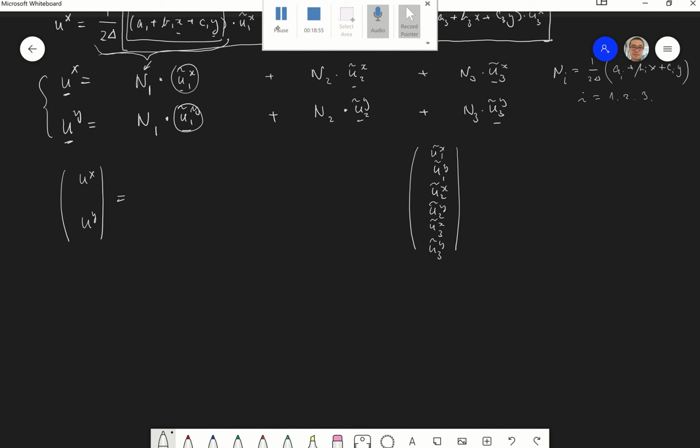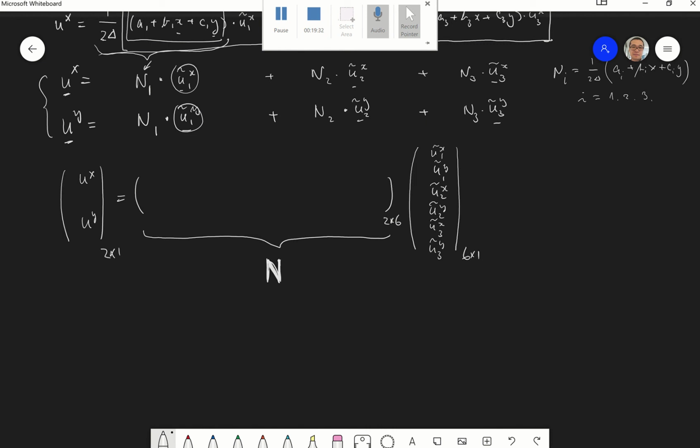So this is a 6x1 column vector, and this is a 2x1 column vector. So here will be our shape function matrix, and this is going to be a 2x6 matrix. Now what will be the elements in this 2x6 matrix? Right, this is our matrix N, with bold letters.